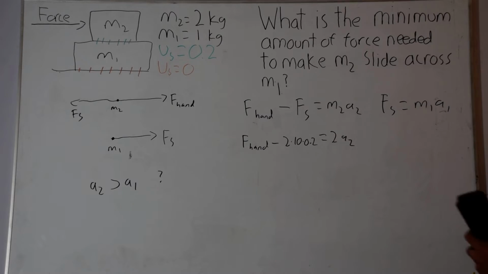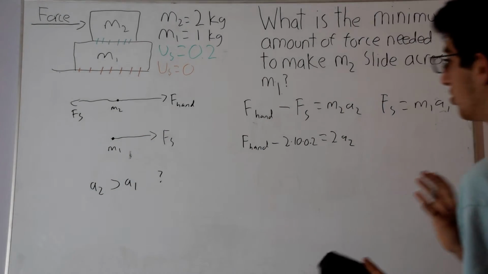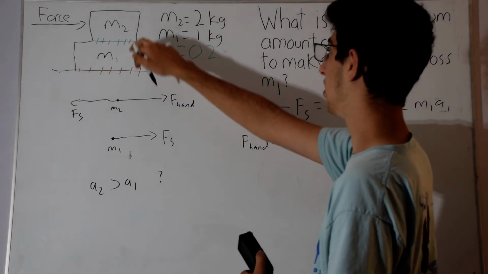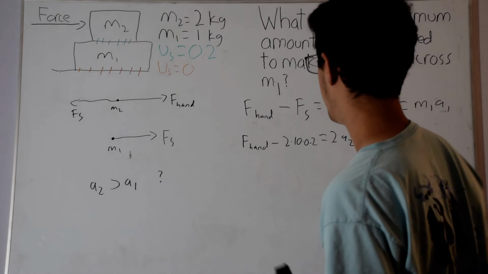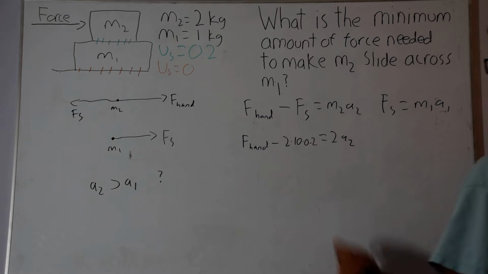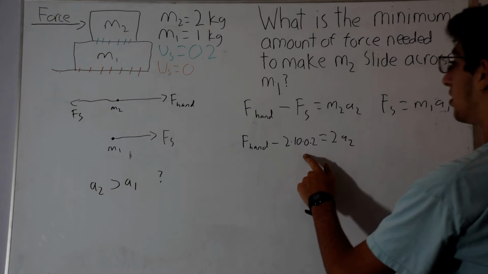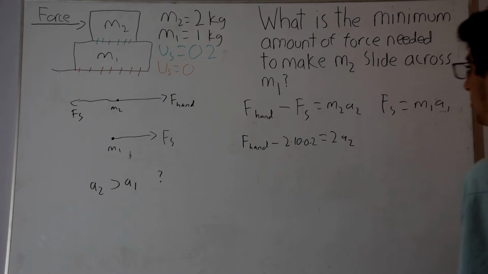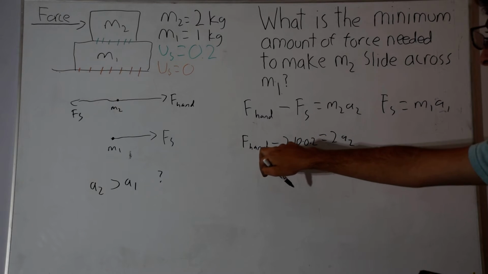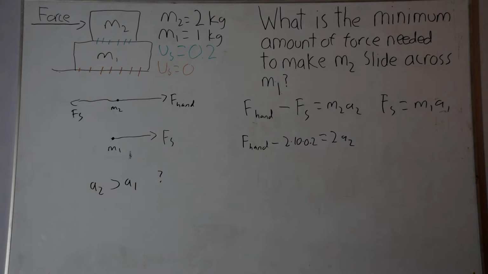And the static friction here is going to be opposing my motion, the amount that I'm pushing, with as much force as it can, because it really wants this top block to not slip. So, right before it slips, there's going to be the maximum static friction force exerted. And using this, I'm going to find the minimum force of my hand.